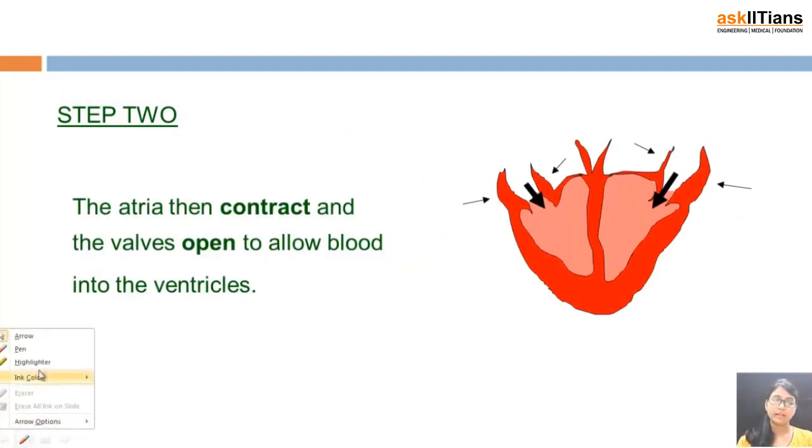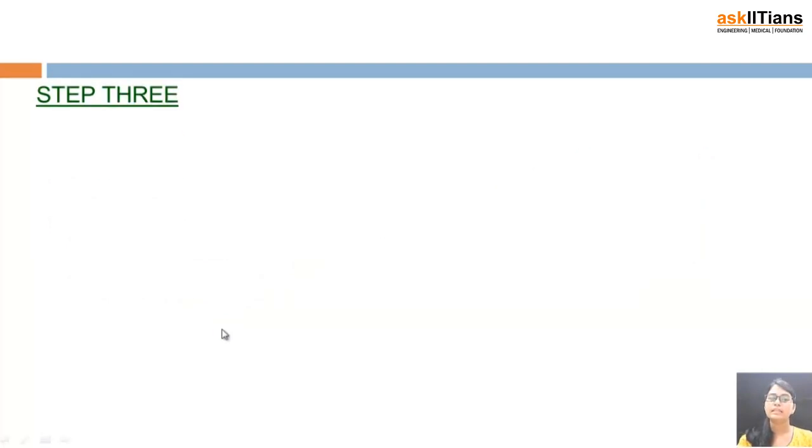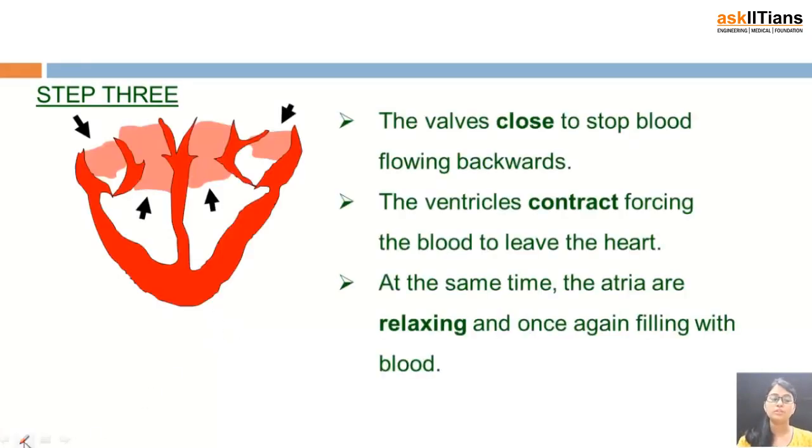The atria then contract and the valves open to allow blood into the ventricles. Step 3. The valves close to stop blood from flowing backward. The backward flow of the blood is stopped when the valves close.